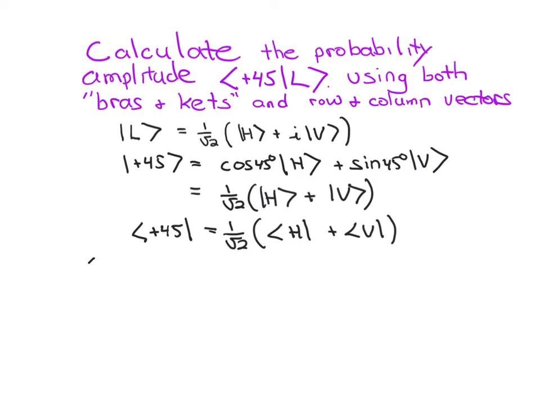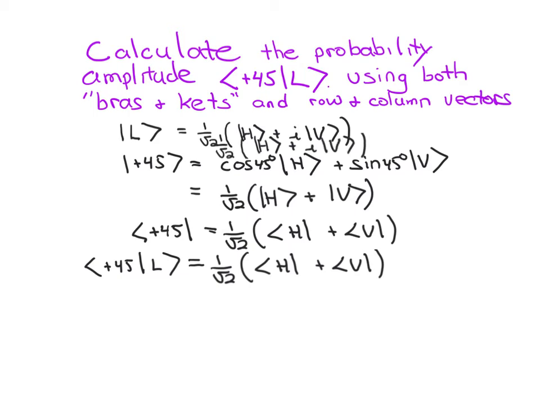So now to calculate this inner product, plus 45 inner product with L, I'm just going to plug in. Okay, so I'm just going to copy this guy here, like that for the plus 45, and I'm going to copy the L like that.